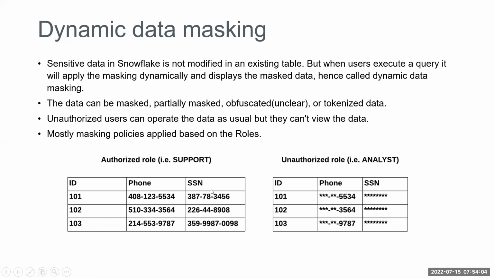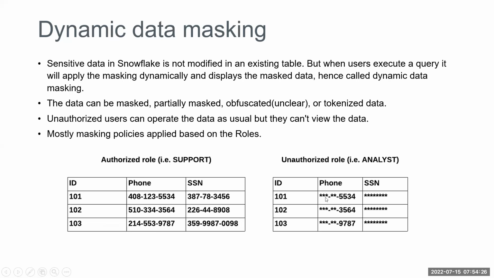But I have another role which is unauthorized, the unlist role. I am not giving access to this unlist role in my masking policy. So whenever he runs the query, it will fetch the data, and while displaying it, it will apply the masking dynamically. So the data will be like this.